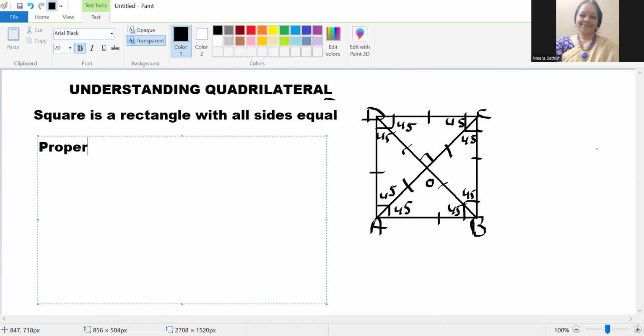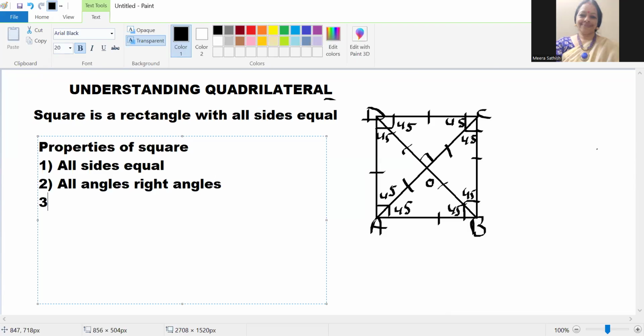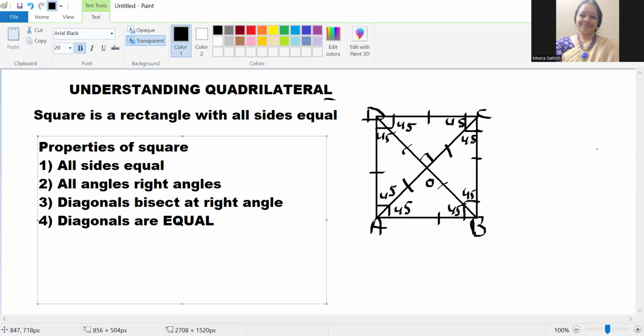So let us quickly write properties of square. All sides equal, all angles right angles, diagonals bisect at right angle, diagonals are equal, then diagonals bisect vertex angle.